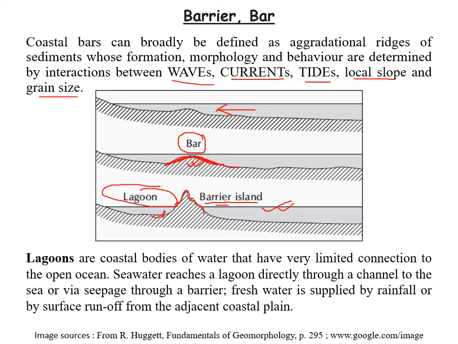Only in exceptional situations, only in high energy conditions, does the lagoon get fresh marine water from the open ocean. The rest of the year, the lagoon is very calm and stagnant, and it may get its water from the landward part, that is when any river or streamlet meets the lagoon.